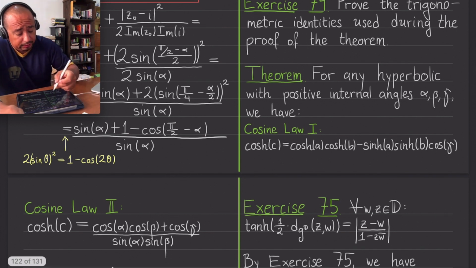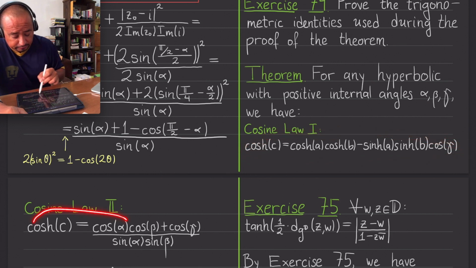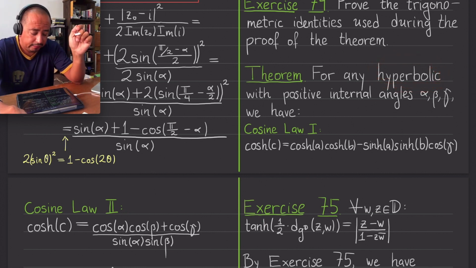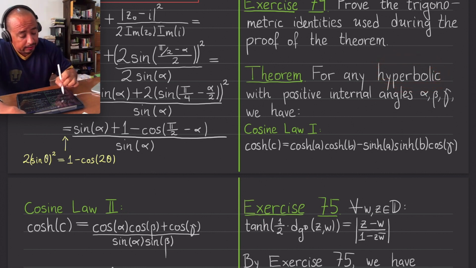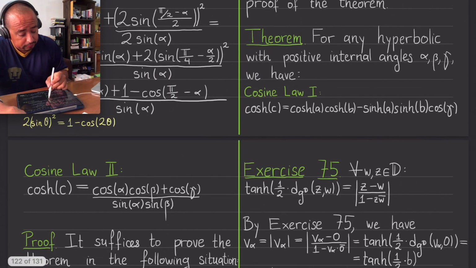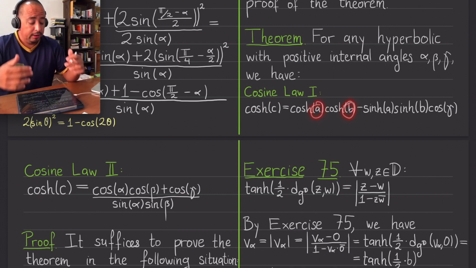The cosine laws are these ones, this formula and this formula, for any hyperbolic triangle with finite vertices, that is, with internal angles that are positive and not 0. If we write alpha, beta, and gamma for the internal angles, the notation A, B, and C is used for the opposite sides.